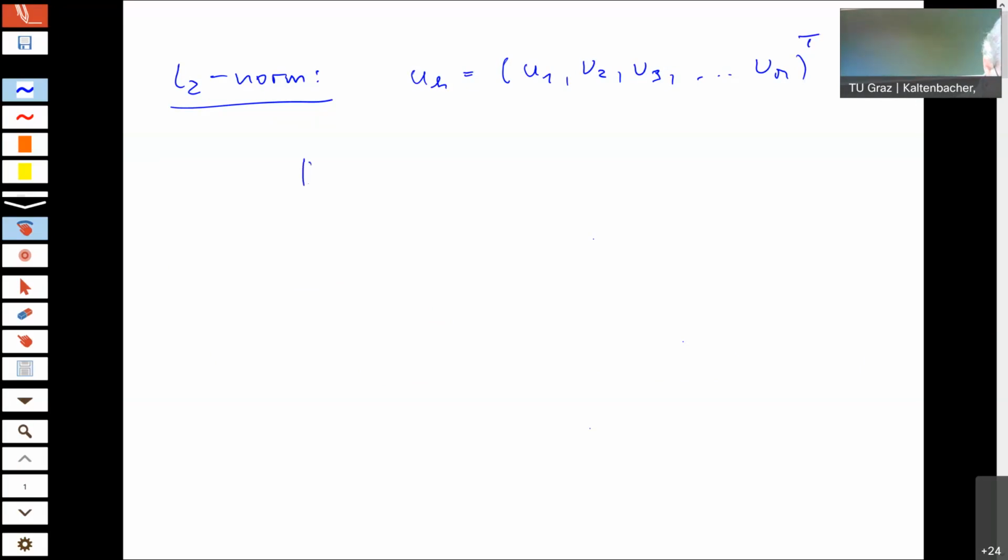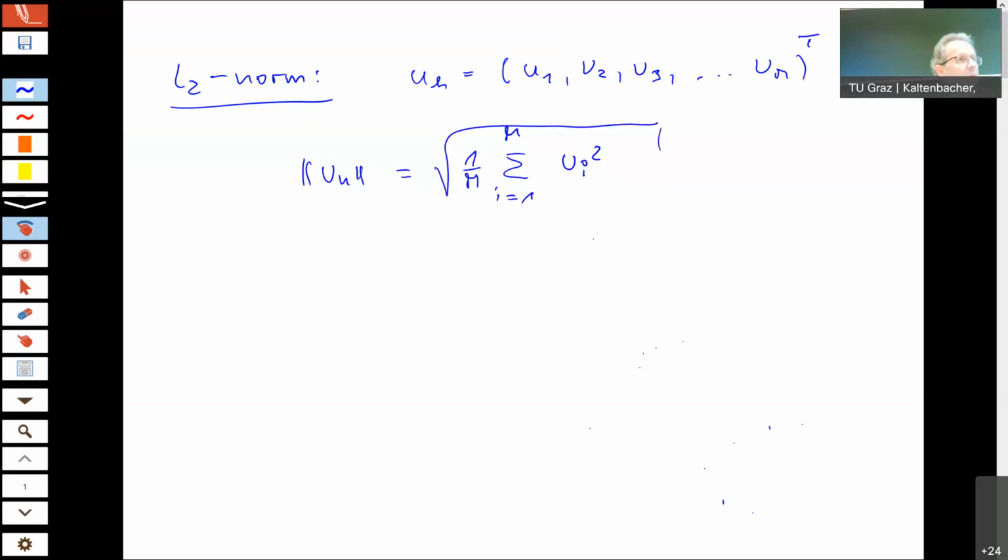The L2 norm of U_h is nothing else than you take the sum over all the elements in the vector from 1 to m, u_i squared, and then you put in front the number of entries you have, and you take the square root. So this is the simple norm, and the L2 norm is mainly used.